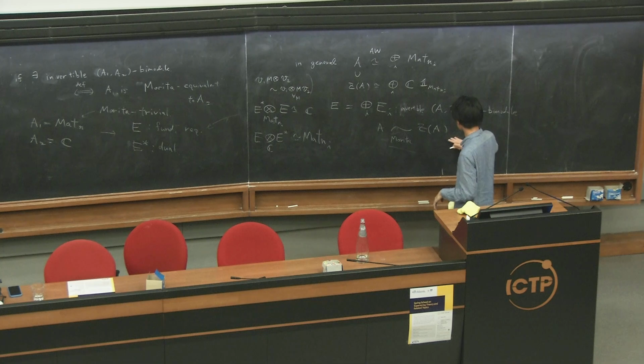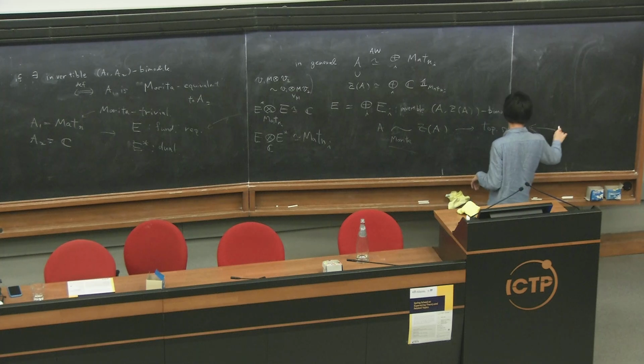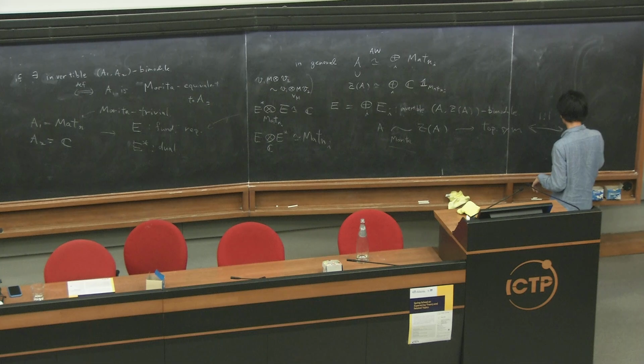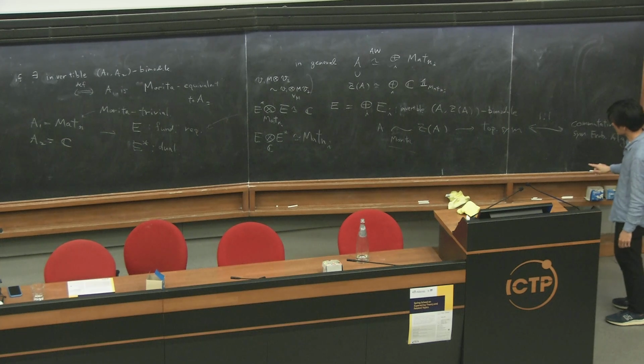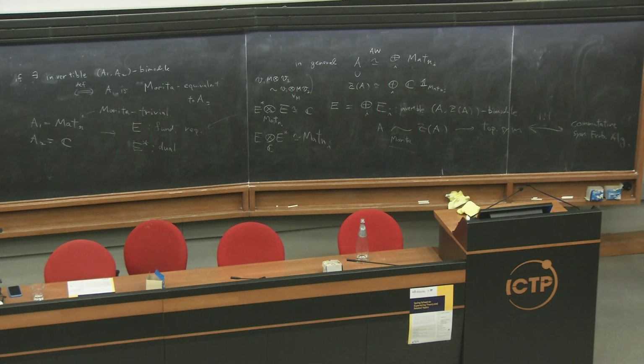As a topological system, with a caveat that I cannot explain, topological systems are in a sense in one-to-one correspondence with commutative symmetric Frobenius algebras. The caveat is that we are assuming A is a special Frobenius algebra, which is slightly different from the known classification of TQFT.